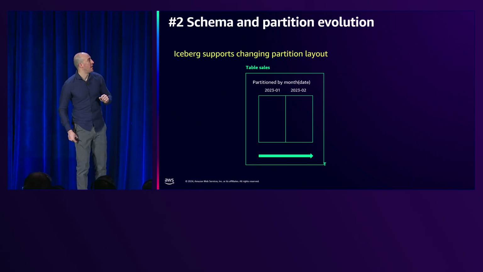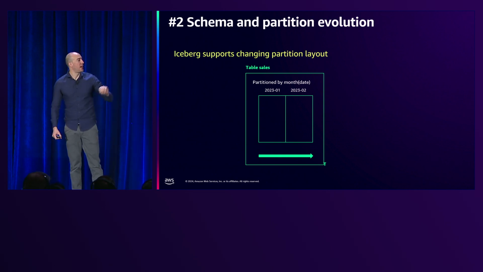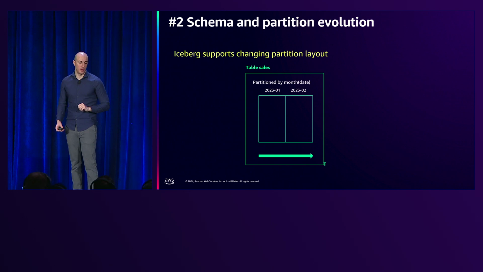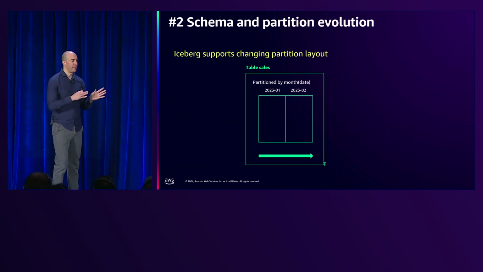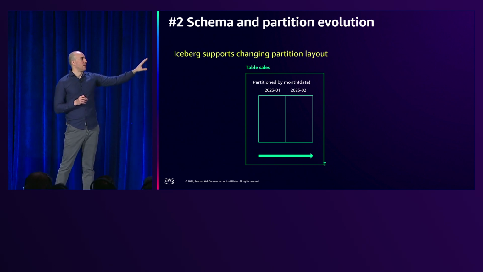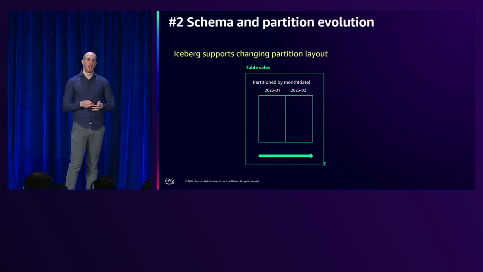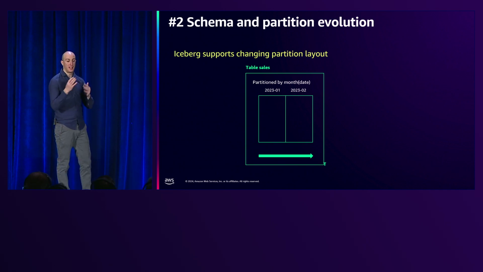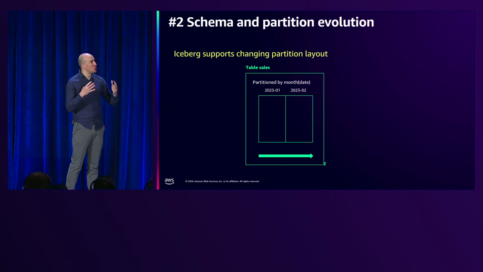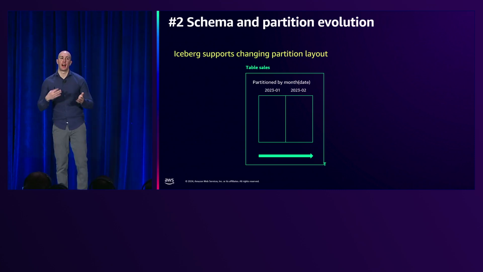In this slide, we have January 2023 and February 2023. However, after a little bit, the organization realized that partitioning by month is no longer scalable. Why? Because so many sales happen, and the jobs and queries that run against this table don't meet a form of SLA.